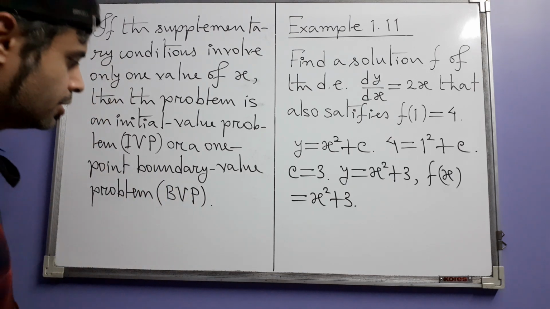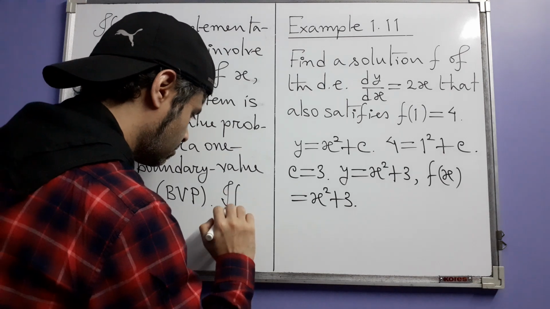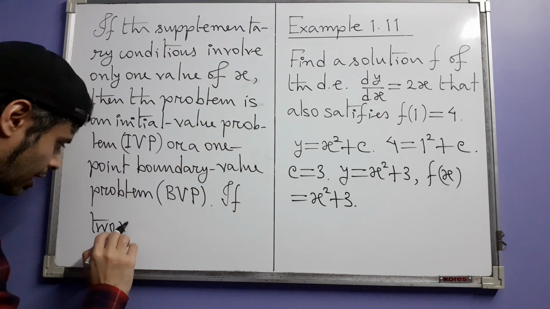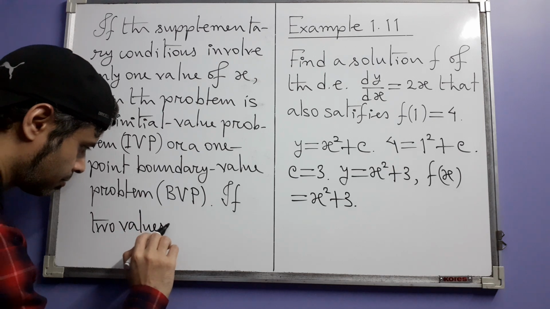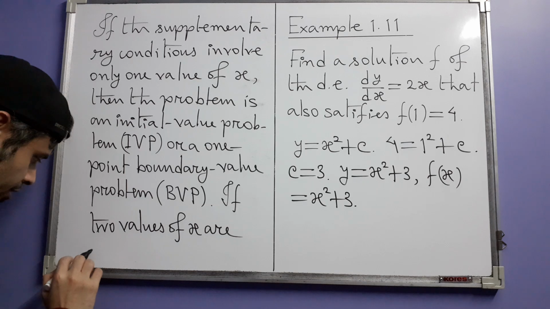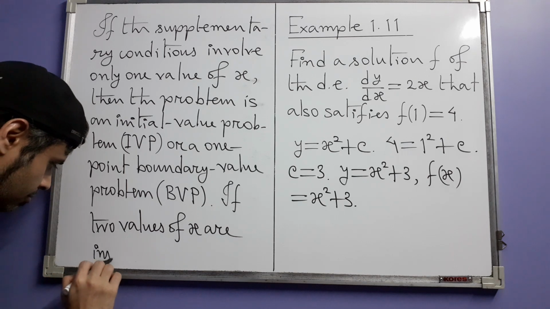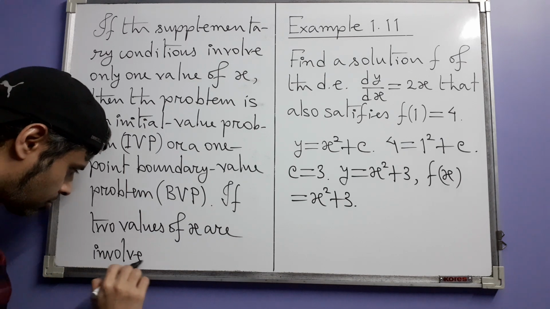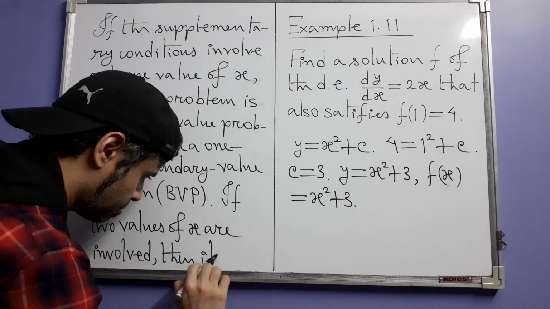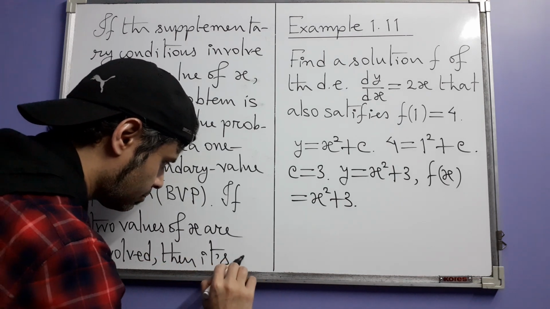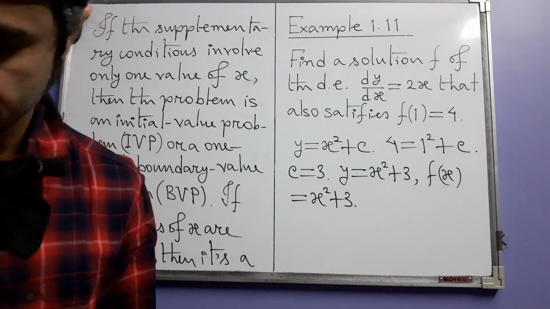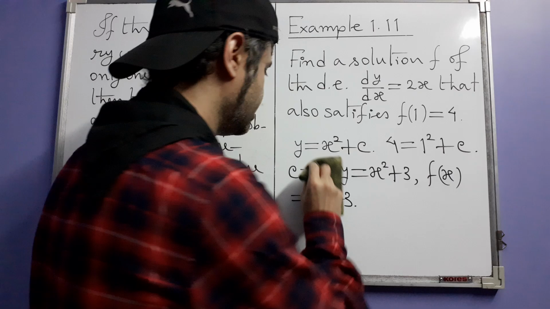As opposed to this, if say two values of x are present or involved, then it means the problem is a two-point boundary value problem, which is not an initial value problem.